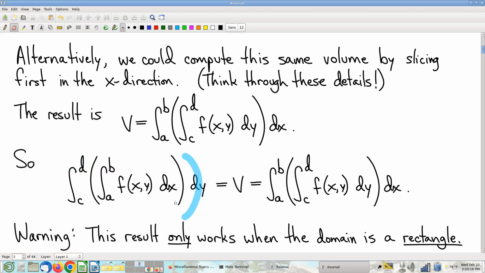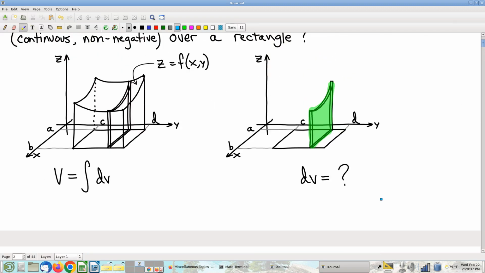And I'm going to leave this as an exercise for y'all. It's a really nice exercise. It's very doable. I think this would be a good learning opportunity. You can get the same volume by instead doing an x integral of the y integral.